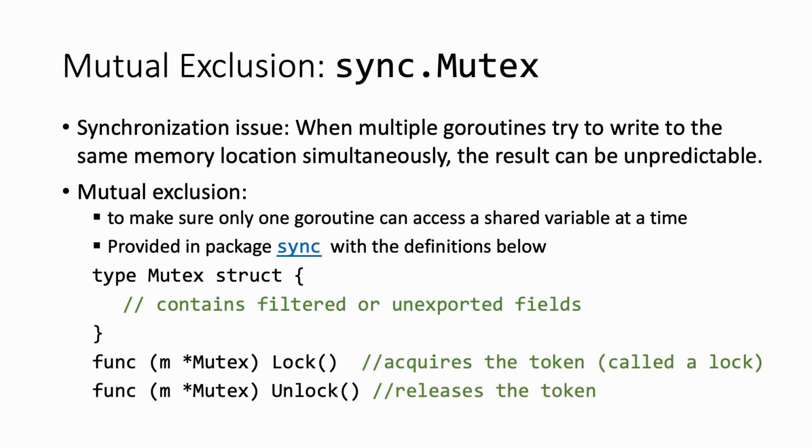Mutual exclusion is provided in the standard package sync with the sync.Mutex struct and its two methods, Lock and Unlock. The Lock method acquires the token, which is called a lock, and the Unlock method releases the token.